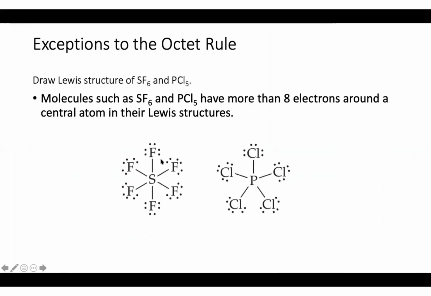Although we said that there should not be more than 8 electrons around each element, in SF6 we see 12 valence electrons around sulfur. Here around the phosphorus we see 10 electrons. So these are also exceptions to the octet rule. I'm not gonna give more than what is in your PowerPoint and in your book in the lecture. I mean, in your exam, basically.